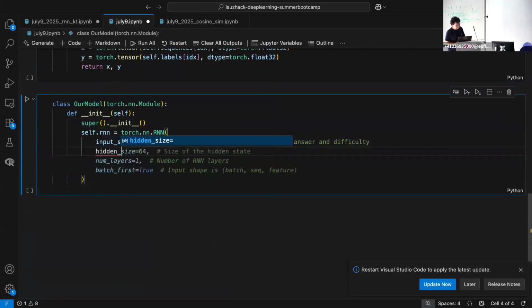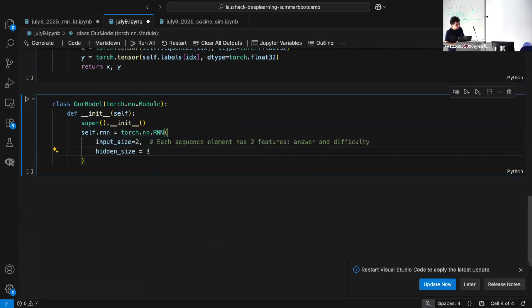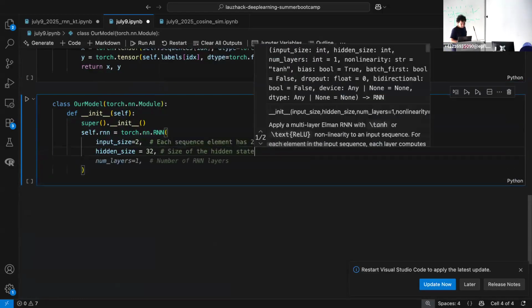Then we have the hidden size. For example, 32, 64, or whatever, right? Size of the hidden state. Of course. Yes. Do we know the difficulty of the last question? No, here I didn't. The idea is that we want to predict, in general, would they answer? Yeah, that's true. We can also add the difficulty of the last question.